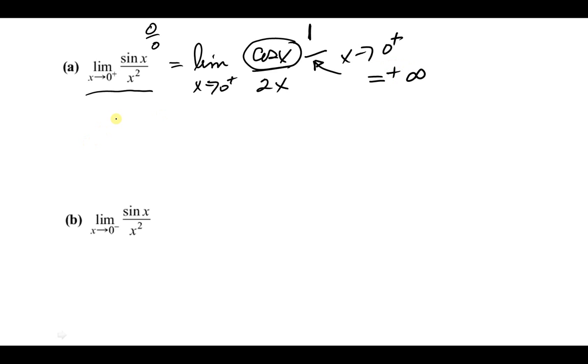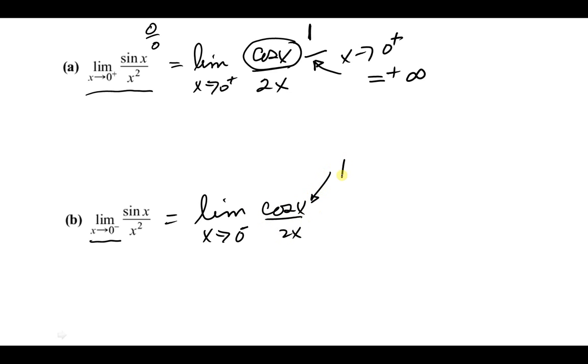plus infinity. Now let's see what happens when x approaches 0 from the left. We're going to get roughly the same thing, except x is going to 0 from the left. Take the derivative, we get cosine x over 2x.